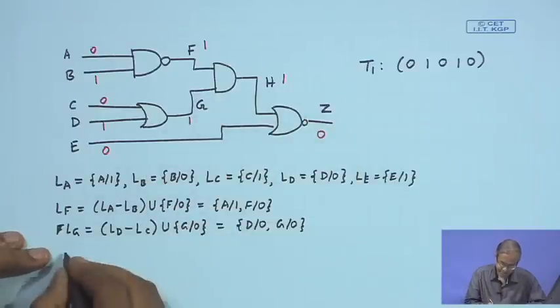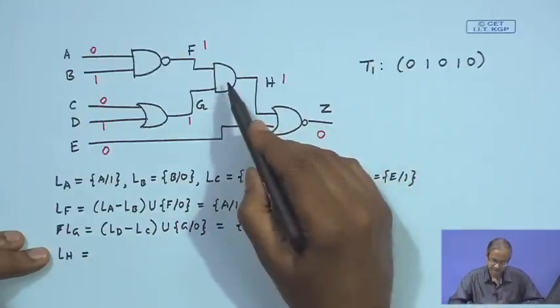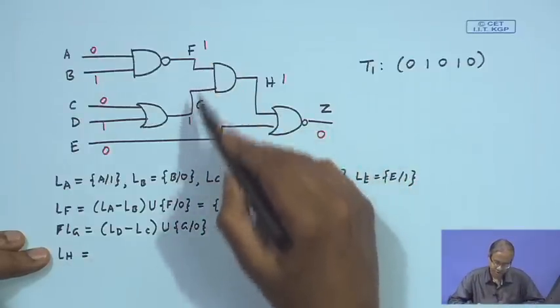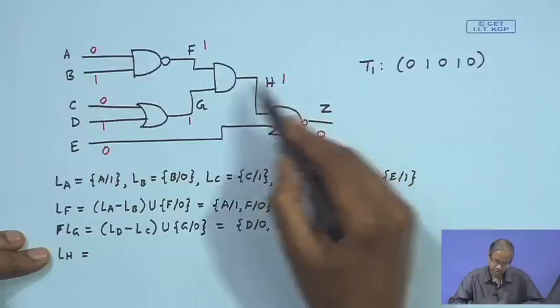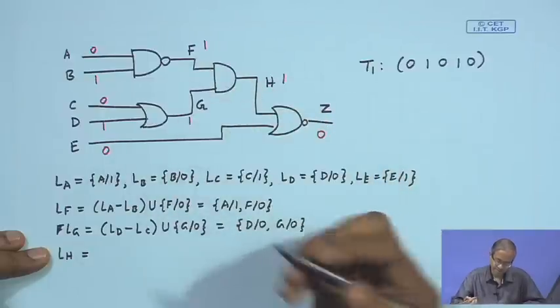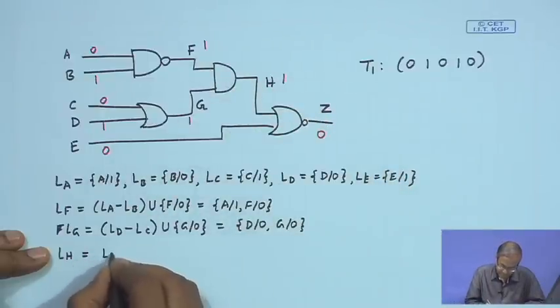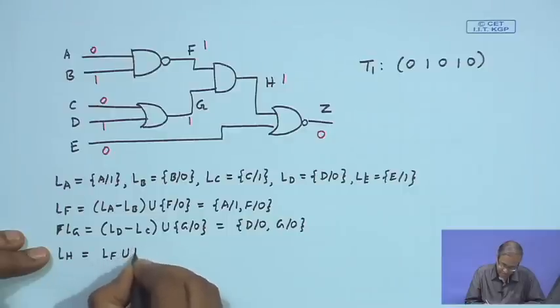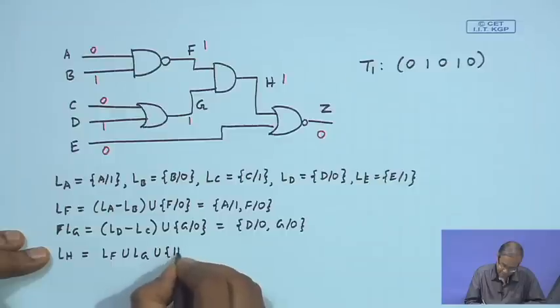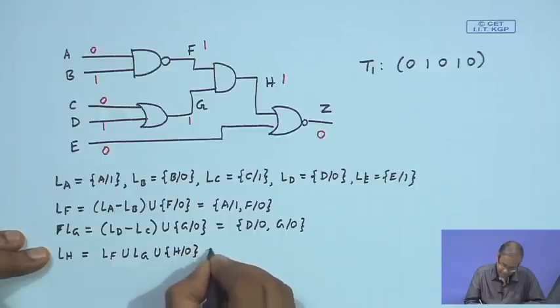Then comes H, LH. You look at this AND gate, both inputs are 1 and 1. So, the output will change if any one of them changes. So, it will be LF union LG union fault in the output, H stuck at 0.